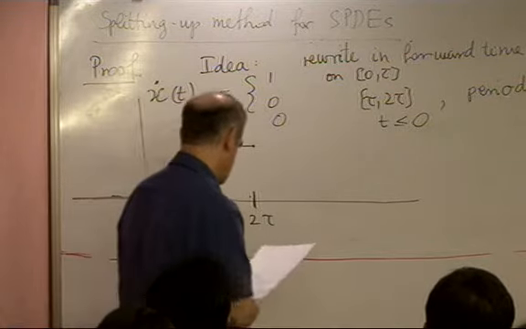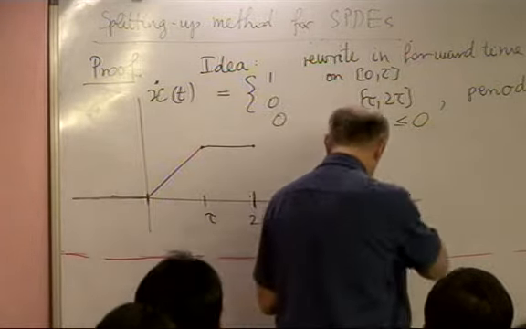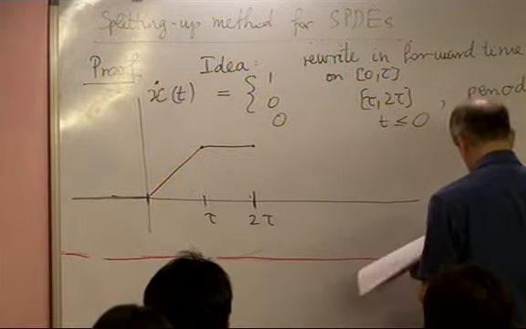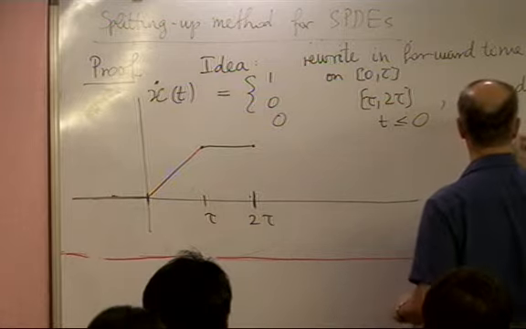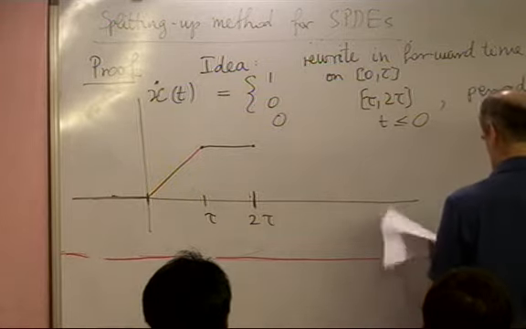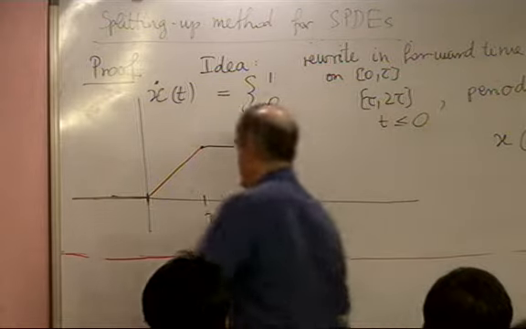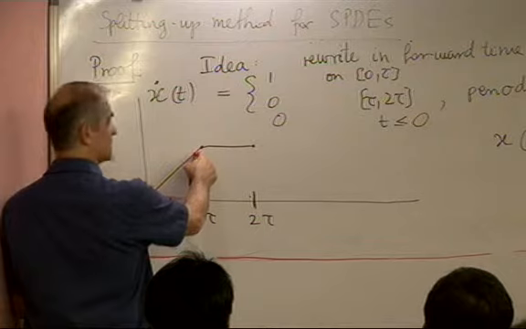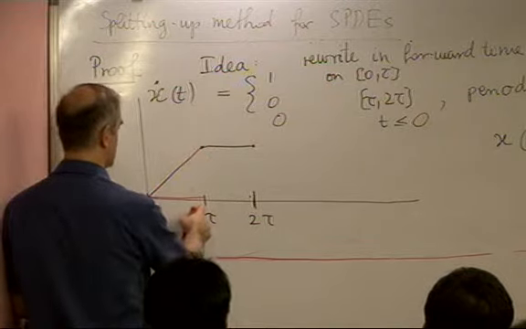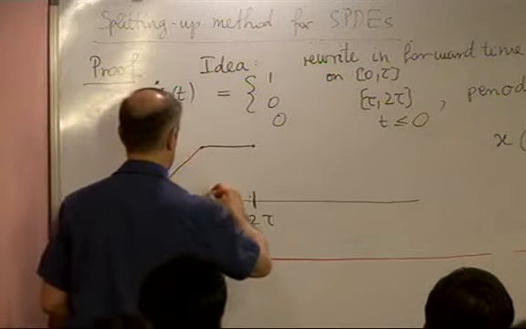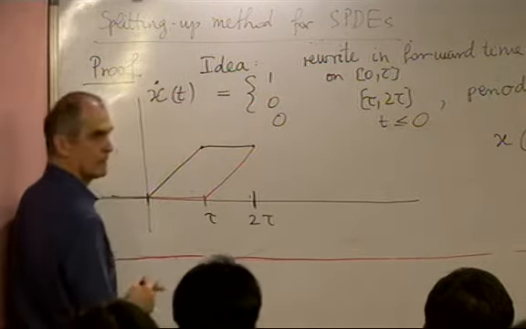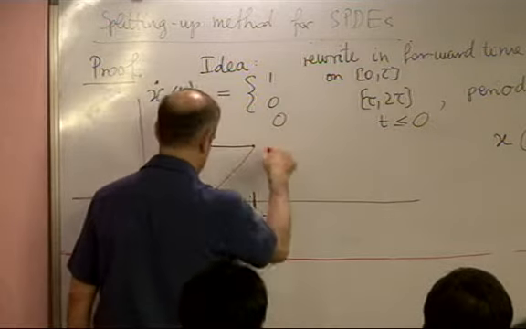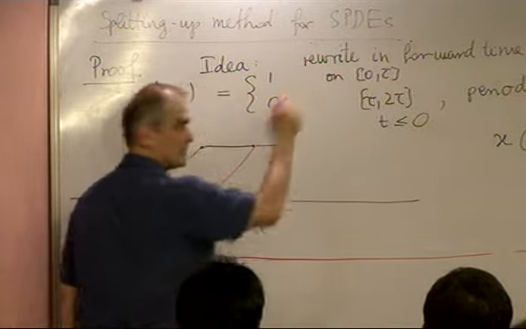Another one is the scaling kappa of t minus tau, and that is like this. When this is growing, it remains 0, and then it starts while this doesn't do anything, or is constant, and so on.